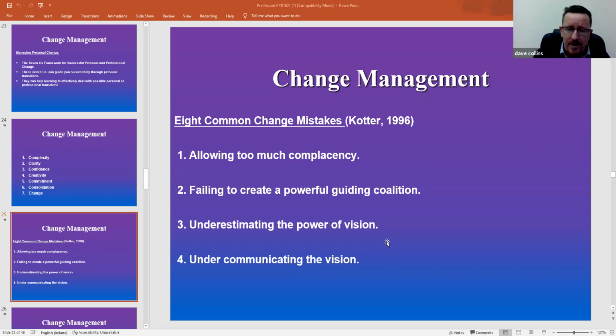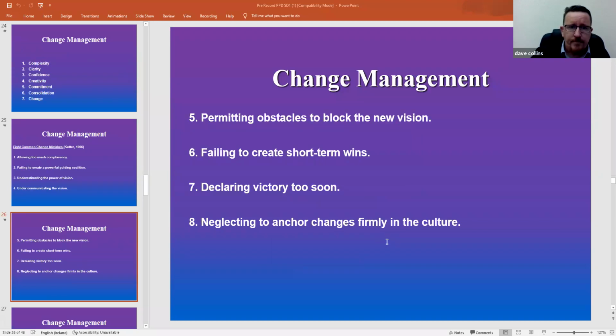Like I said a few minutes ago with your own goals, visualize it. 4, under communicating the vision. 5, permitting obstacles to block the new vision. 6, failing to create short-term wins. 7, declaring victory too soon. And 8, neglecting to anchor changes firmly in the future.